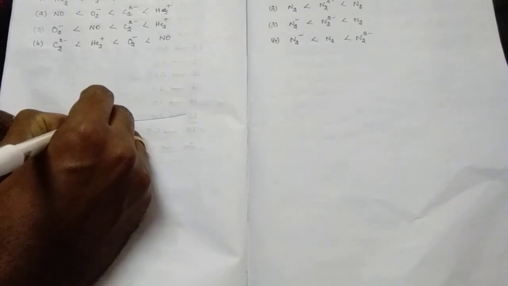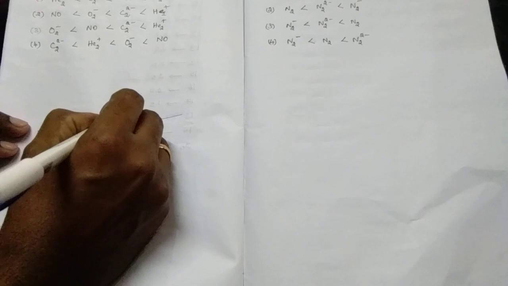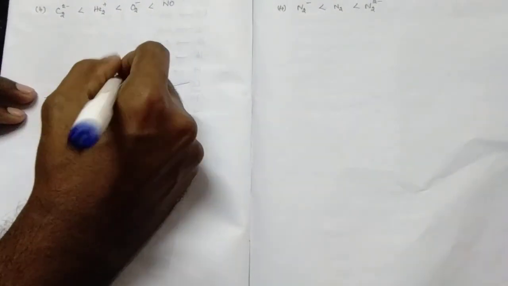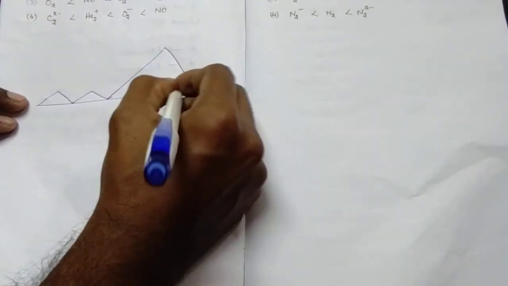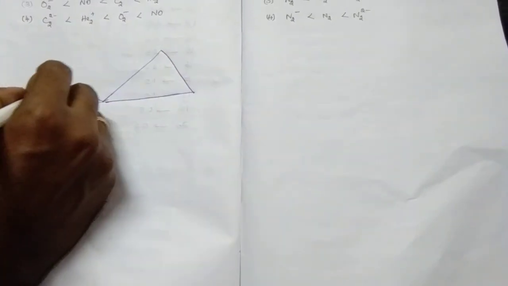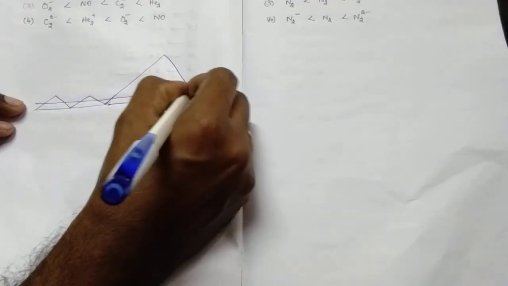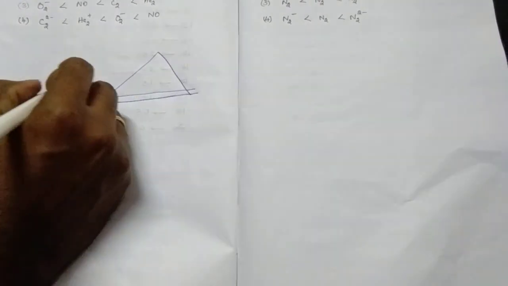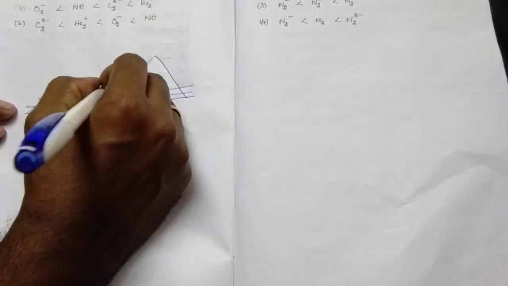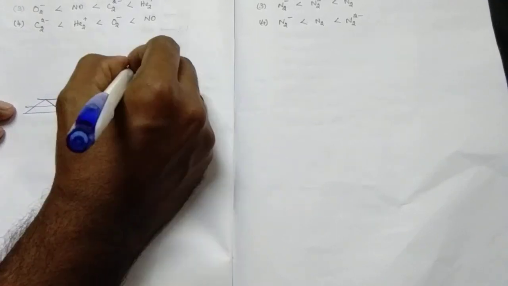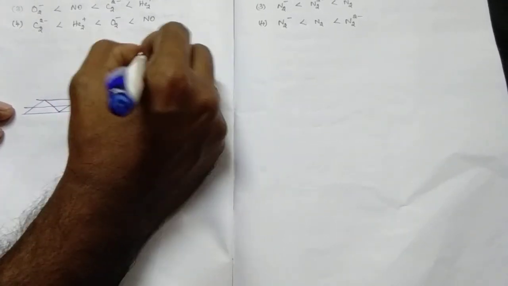So first you draw one small line, then draw 2 triangles, then a bigger one. Then draw a line like this, 2, 3 and 4.